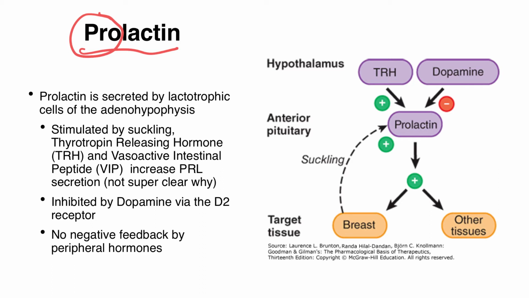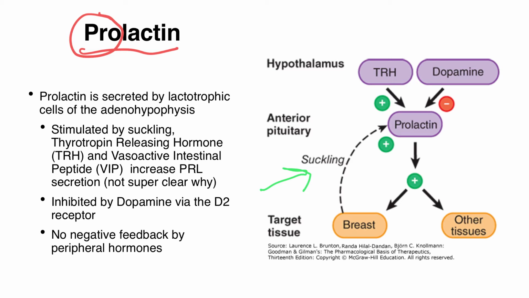One of the primary stimuli for prolactin secretion is literally suckling. So that suckling can be by the infant who is at the breast. It can be through manual stimulation. It can be through a breast pump.